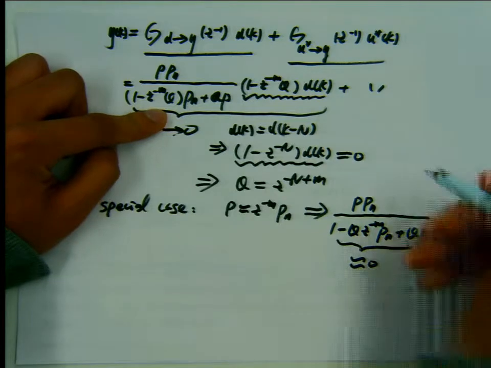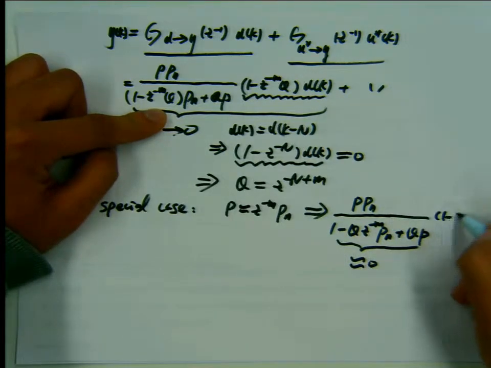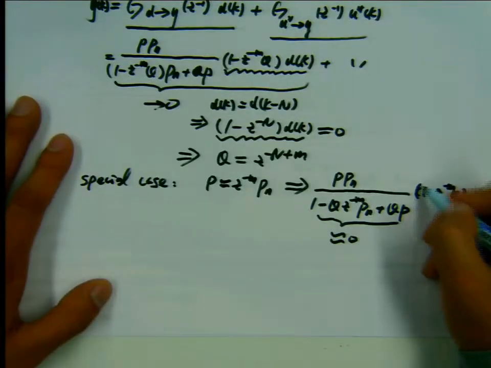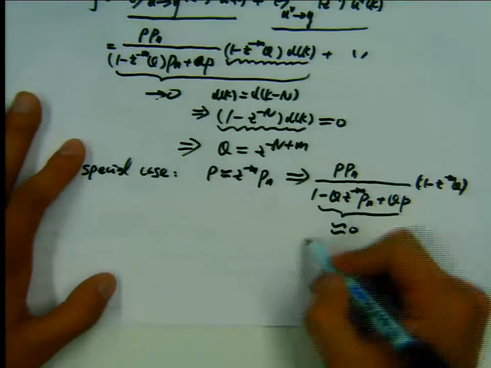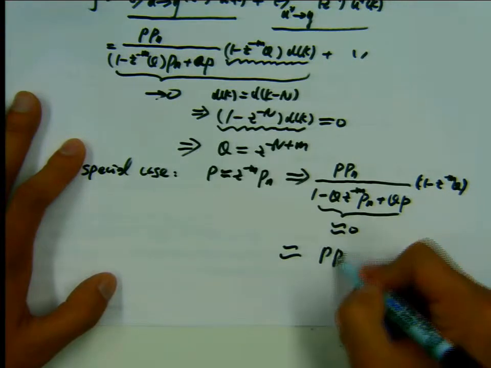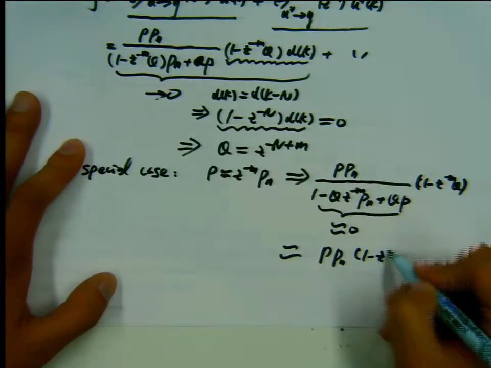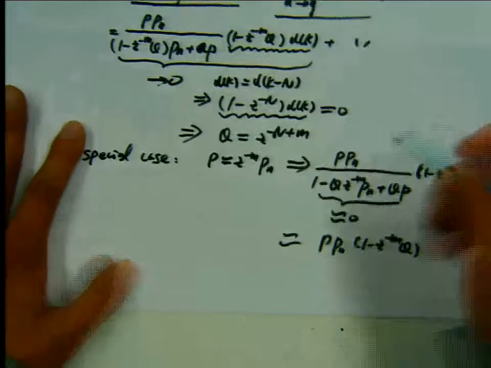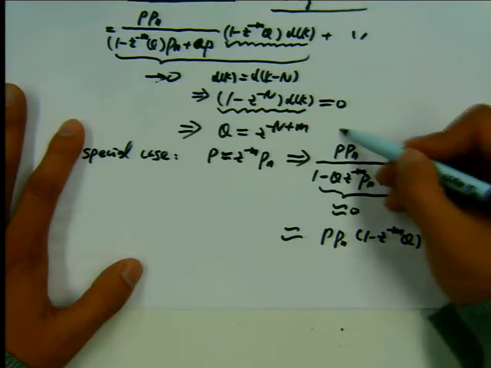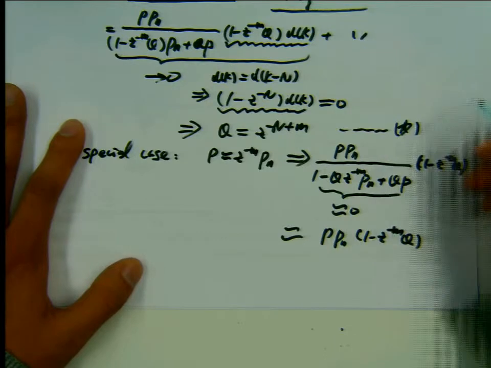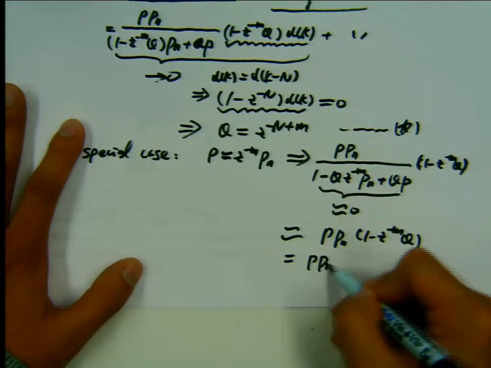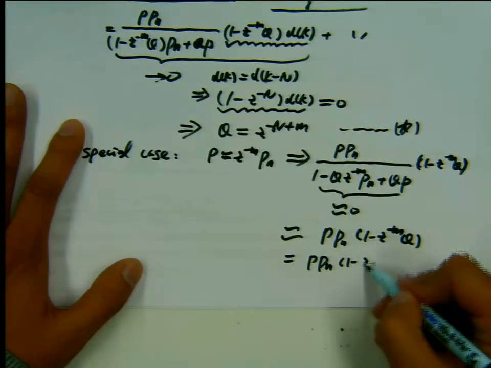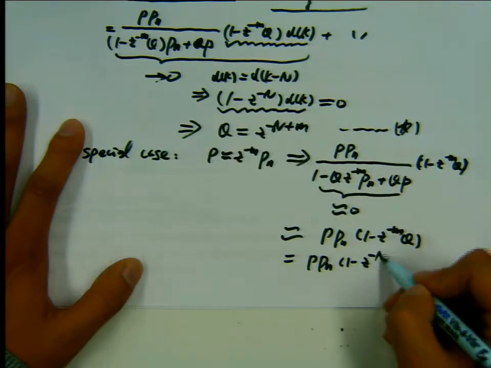So this is approximately 0, and then we have z to the negative M Q. Approximately we have this equal to P Pn times (1 minus z to the negative M Q). If I use this design, design star, then we have P Pn (1 minus z to the negative N).